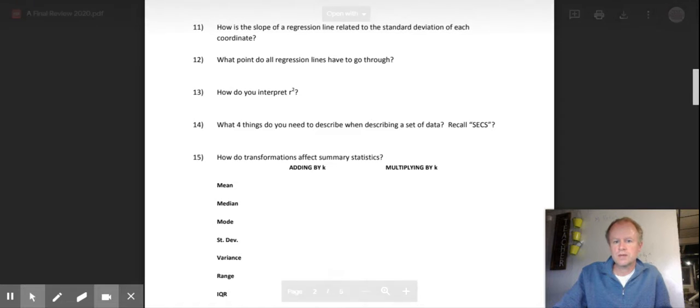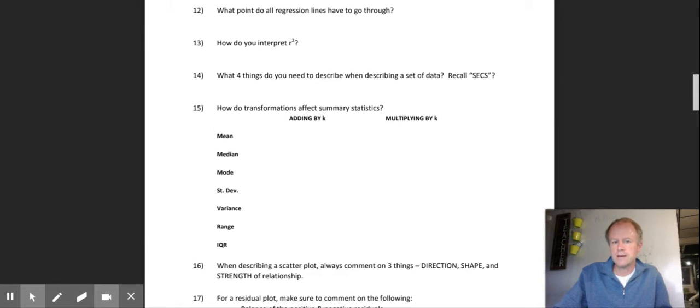How do transformations affect summary statistics? So if I take a set of data and I add some number to every value, so if I had a set of data 1, 2, 3, 4, 5, and I add 10 to every number, think about how that impacts all these different statistics. If I add 10 to every number, the mean is going to just be 10 more. The median is going to be 10 more. So you could say this is plus k, mode plus k.